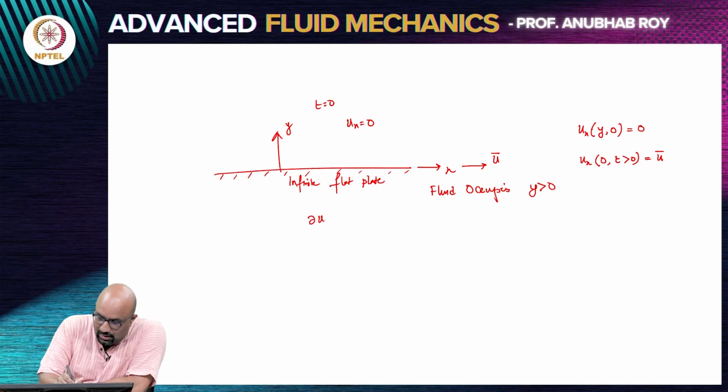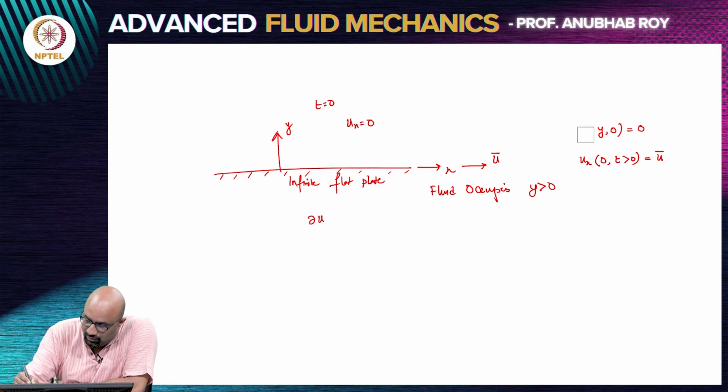So, we will remove this subscript, we will just focus on u. So, dou u dou t is equal to nu dou square u dou y square.